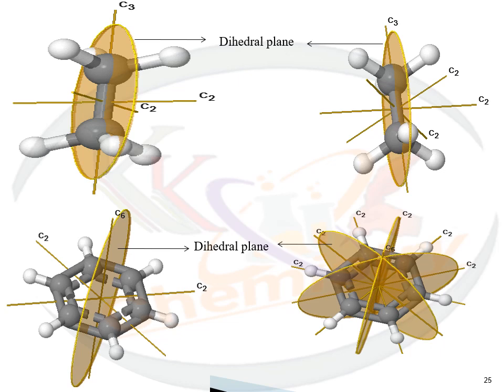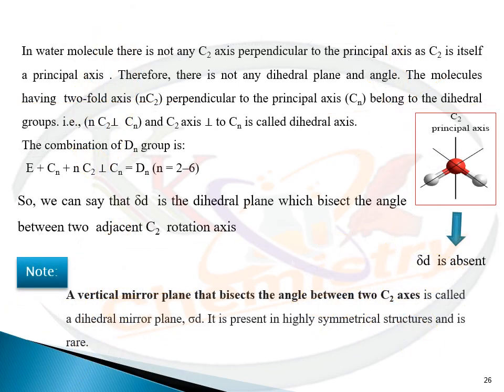So that was all about the dihedral plane. In a water molecule, no dihedral plane exists, because there are no C2 axes of rotation that can be bisected by a dihedral plane.